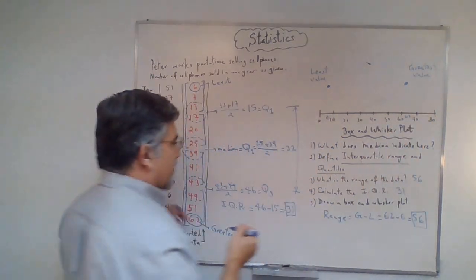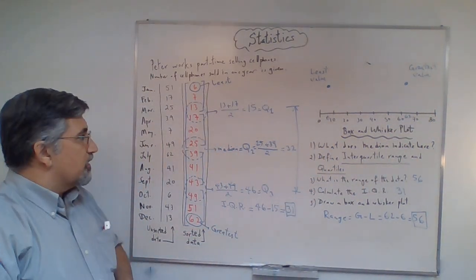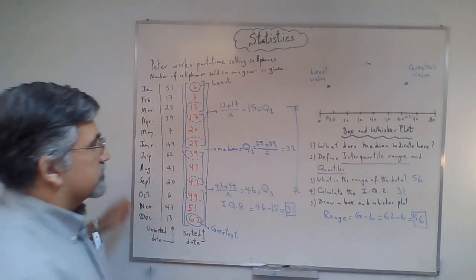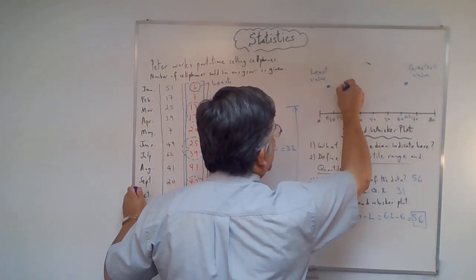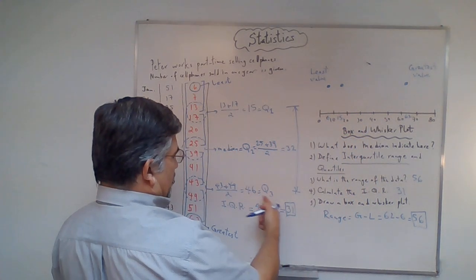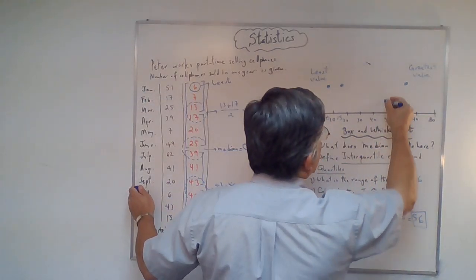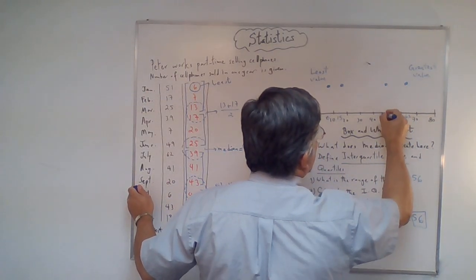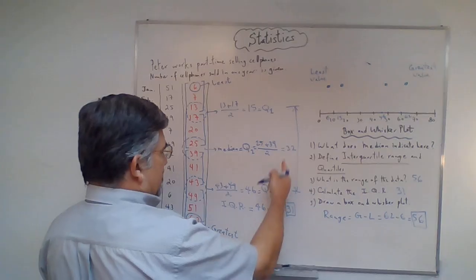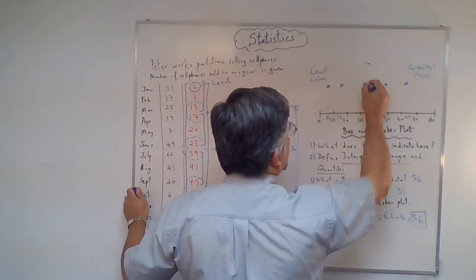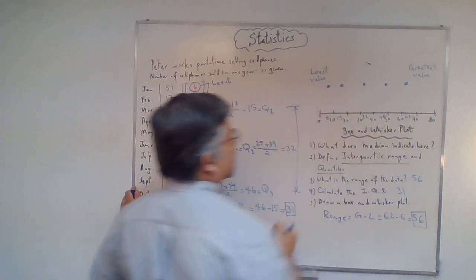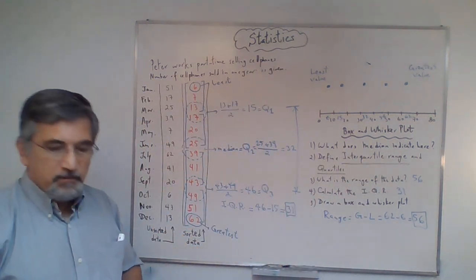All right. And then the first quartile is at 15. So 15 is right in the middle here. That's 15. So that's 15 here. And the third quartile is 46. 46 is here. So that's 46. And then we have 32, the median is right there. That's the median, 32. Okay, so I plot all these points.